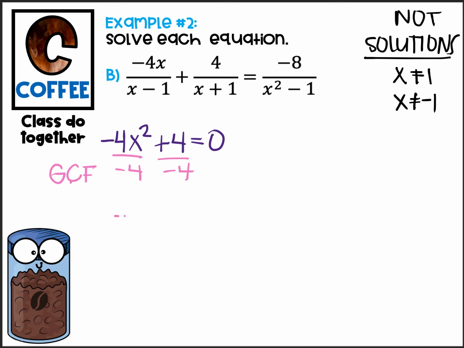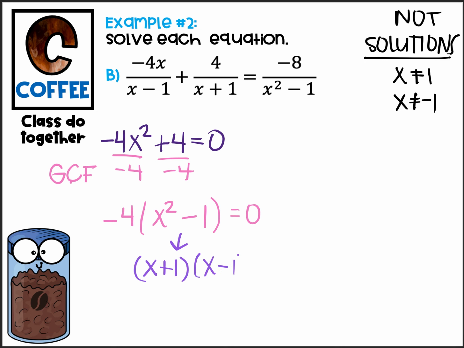I have negative 4 times x squared minus 1 equals 0. And then from here, I can factor this as x plus 1, x minus 1 because of the difference of squares. And I set each of my factors equal to 0.